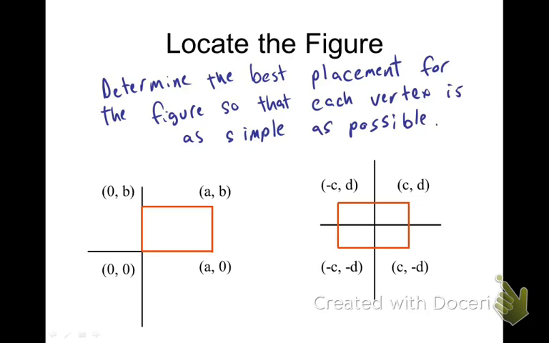The B, the Y value, how high is this rectangle? We don't know that, but it can be represented with the B. And you'll notice that the B is represented in both the top point on the left and the top point on the right. They both have a coordinate of B for the Y value because it's a rectangle. Just like the top right corner, A is the X value, and the bottom right corner, A is the X value, because they're both the same distance to the right of the origin.